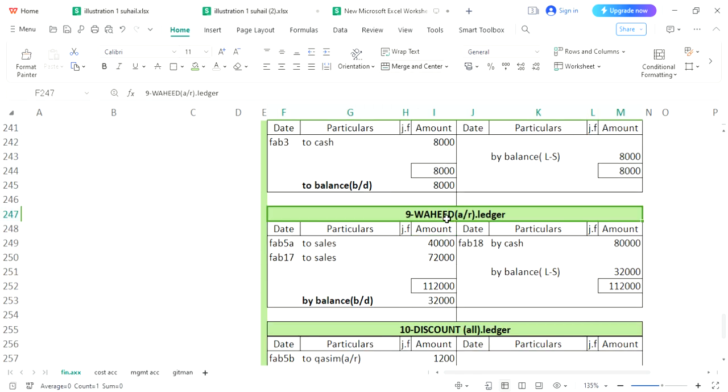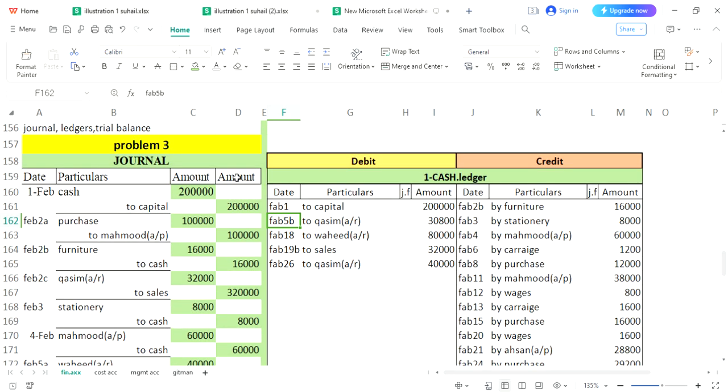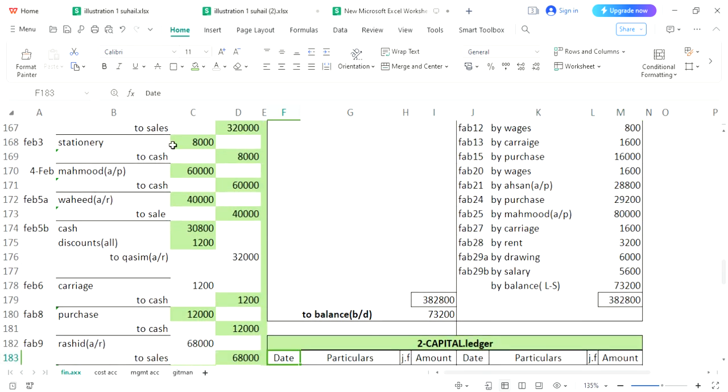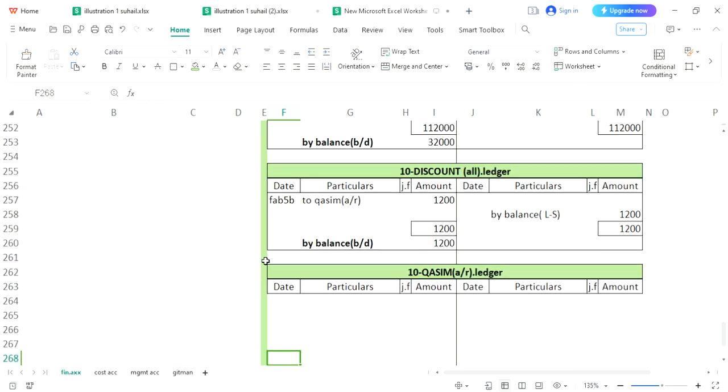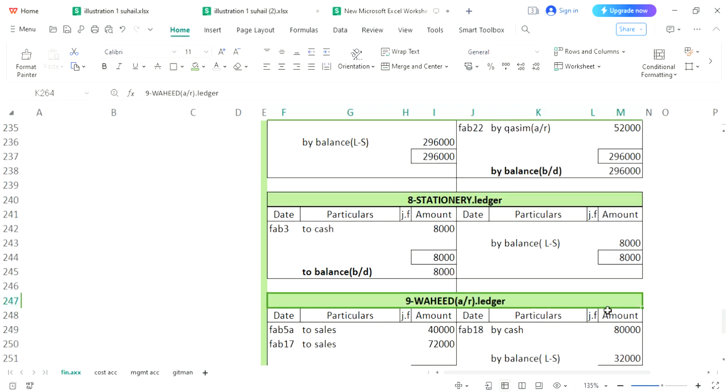Go upside and start searching for Qasim. So Qasim has arrived here, but let's see if it is present upward. No. So the first entry including Qasim is here. Qasim is credited by 32,000. Go to his ledger. 32,000 will be written on the credit side. See its reference.